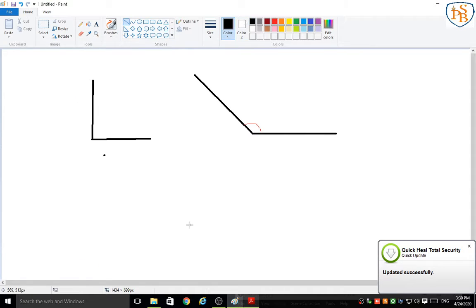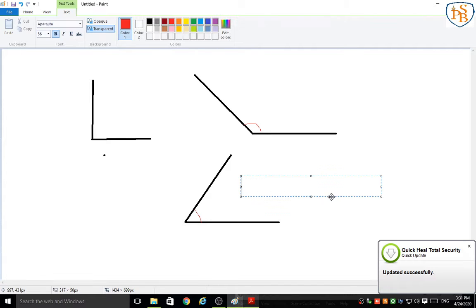I will show you again here. Supposed to be like this. This angle is less than 90 degrees. Correct? If you want, you can draw in your notebook.